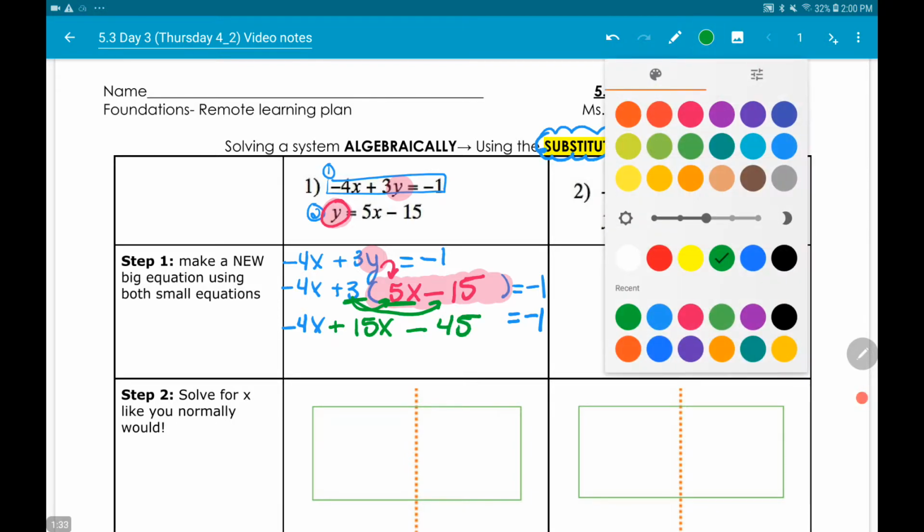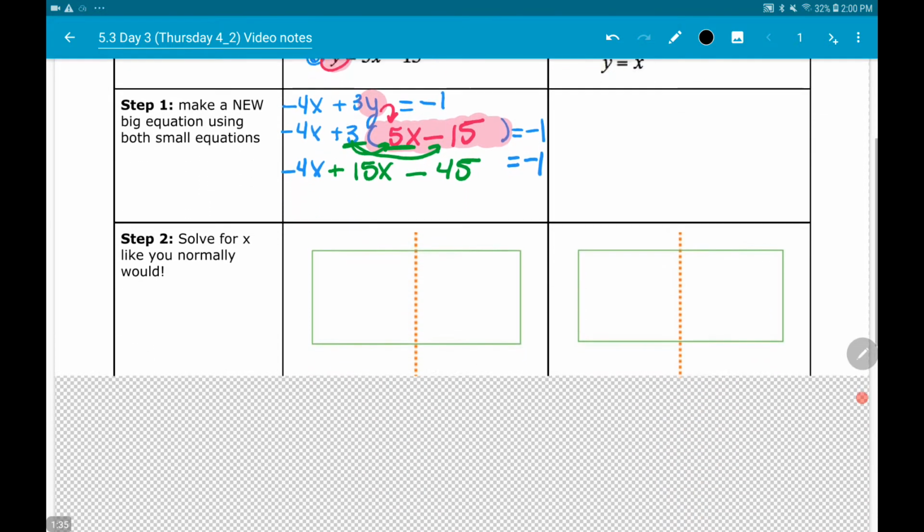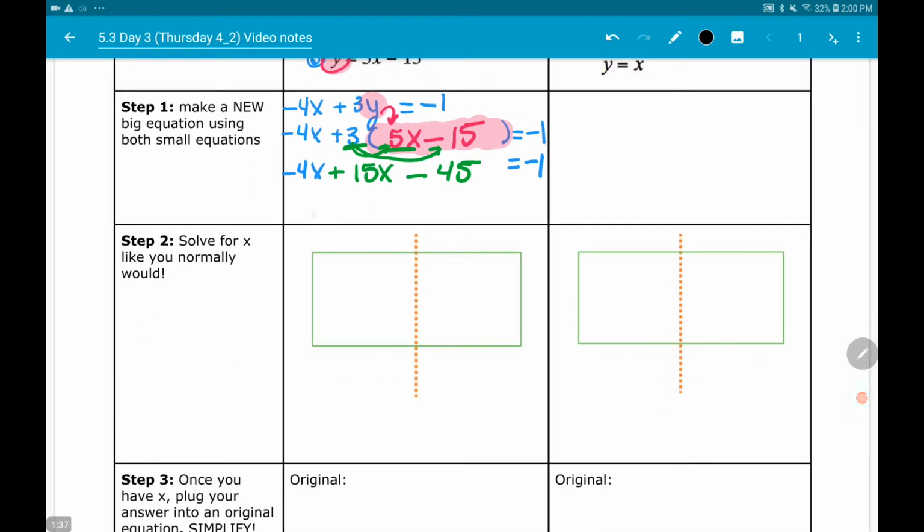Now I'm ready for my solving square. When you do your solving square, some mistakes we've seen is make sure to line up the equal sign where your dotted line is. All right, now I can go ahead and get started. Remember, variables are on the left and my numbers are on the right.